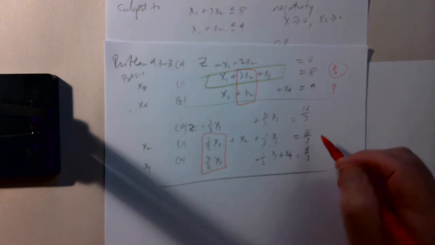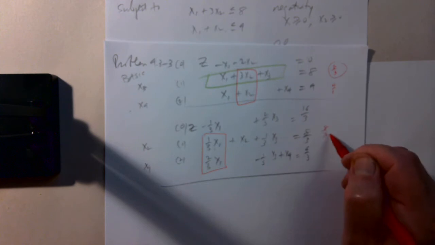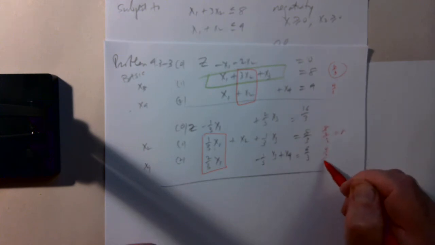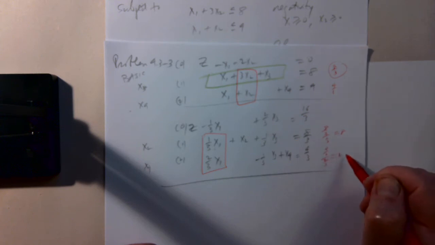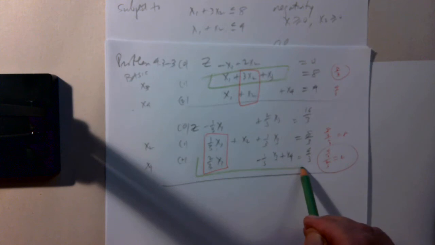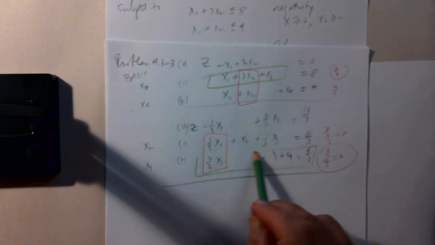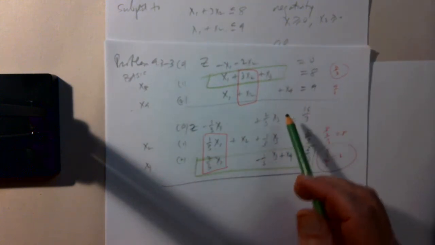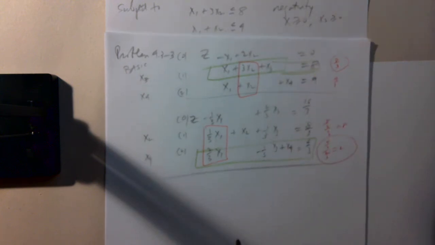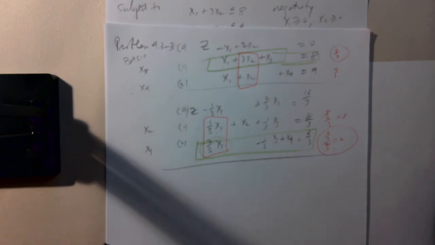And again, I look at these ratios. 8/3 over 1/3 is 8. 4/3 over 2/3 is 2. So this is the smaller of those two ratios. And now this is my pivot row. And this is my pivot place.